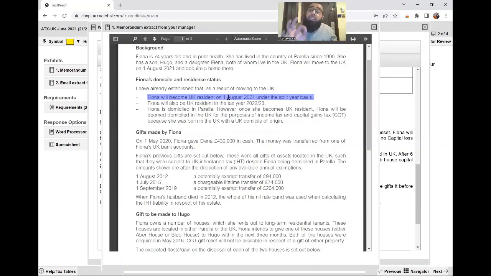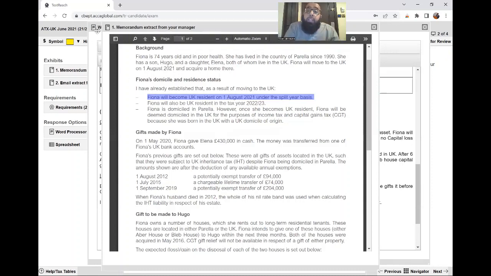For deemed domicile status of IHT, you need to be resident for at least 2 years, the current year and 1 year in the preceding 2 years. Preceding means the previous ones. So she would be resident in the current year, but in the preceding 2 years, she was not in UK because she'll arrive in UK on 1st August 2021.